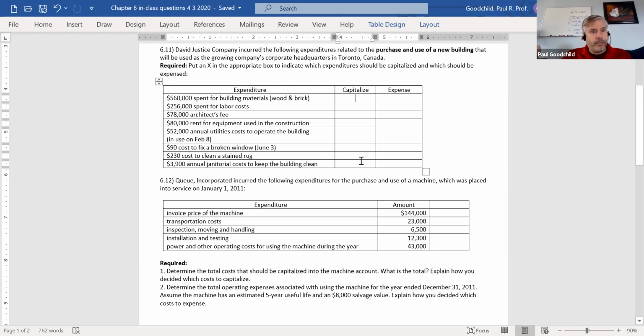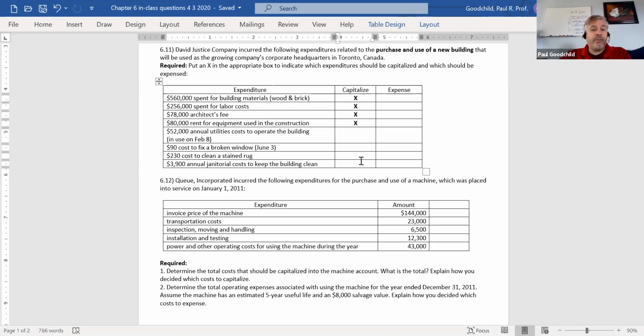We've decided it's a building and it's going to be pretty material, but there are some small expenses that we might just expense as part of that process and say, okay, there's a minimum materiality threshold. So for building materials, we're going to capitalize that. We're going to capitalize our labor costs. We're going to capitalize the architect's fee and the rent for equipment used in construction. We need that to create or build the building that we're going to be using.